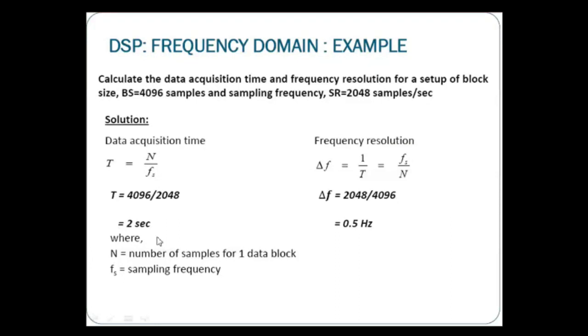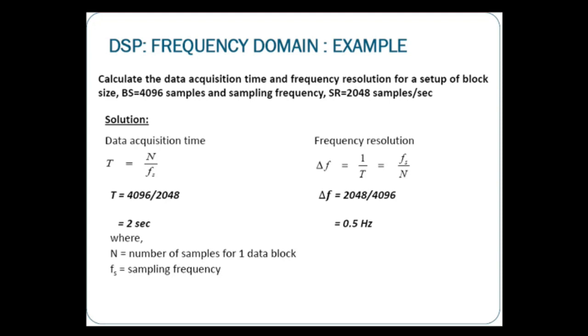If you want to calculate the data acquisition time and frequency resolution, bandwidth BW or delta F, for a setup with block size 4096 and sampling frequency of 2048, this was already demonstrated just now.